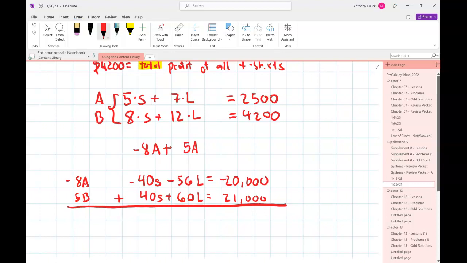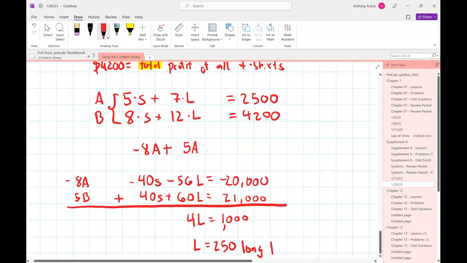That can't be right. Oh yeah, because I multiplied by 5. Yeah, okay, fine. So what do I end up with? I end up with 4L is equal to 1,000. So if I divide by 4, L is 250. And then let's put a unit on there. So those are long sleeve t-shirts.